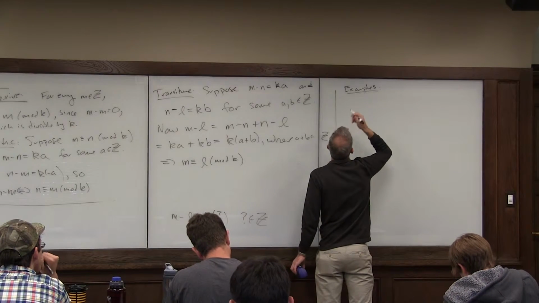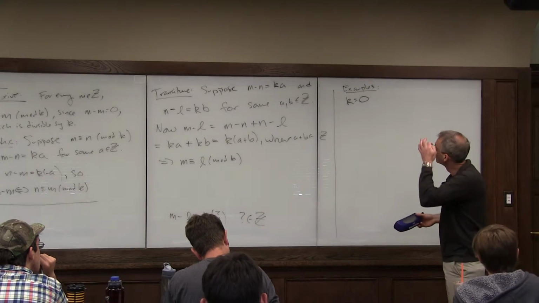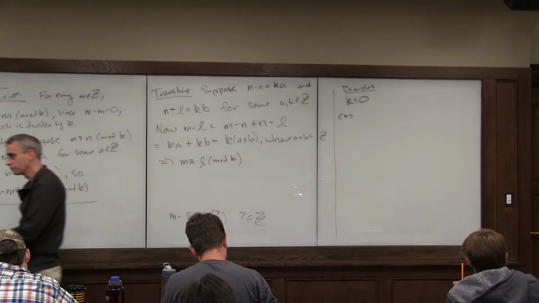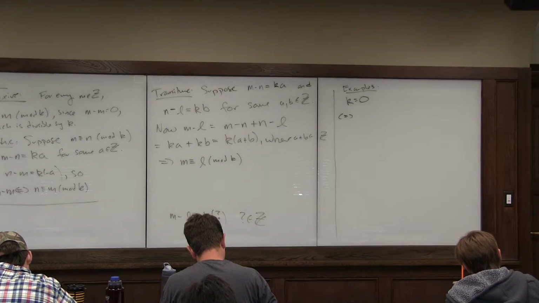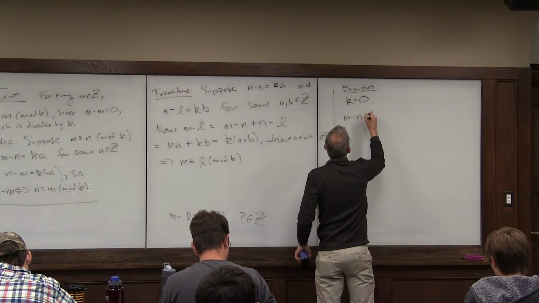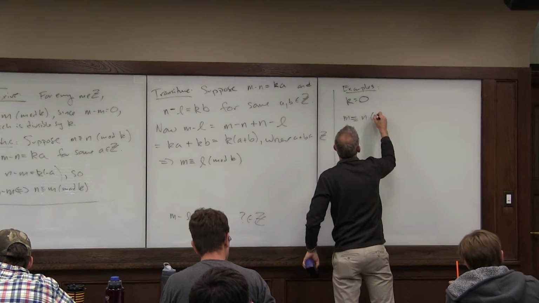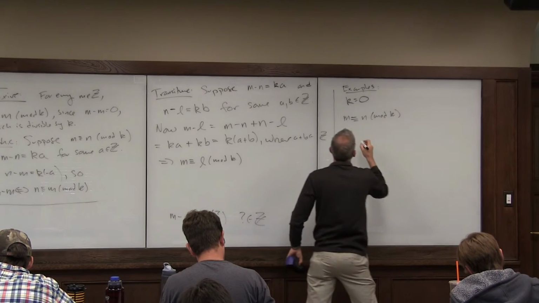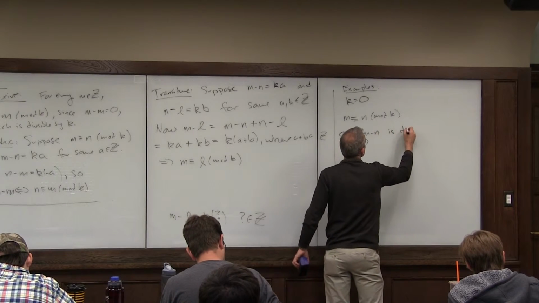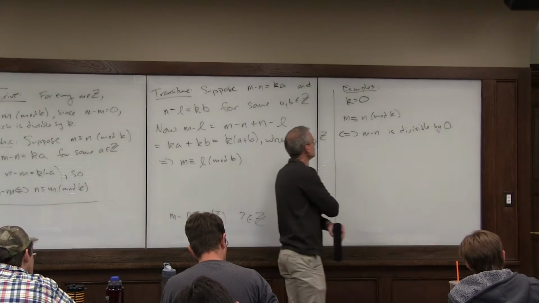It's funny, I don't know why I left it out, but I didn't consider k equals 0 in the text, but hey, let's do it, right? So again, for each k, we're going to get a different equivalence relation, and we're also going to get different equivalence classes. So let's see what this means. m equivalent to n mod 0. What does that mean? That means that m minus n is divisible by 0, right?